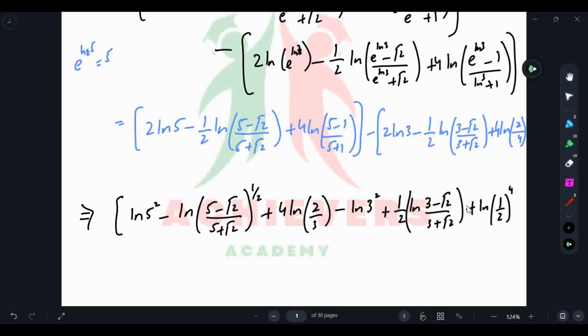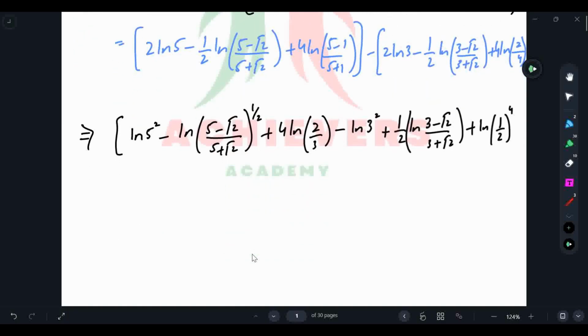Now we can simplify it further and write this as natural log of 25 minus natural log of 3, minus natural log of 3, and then similarly plus natural log of 2 by 3 whole power 4.